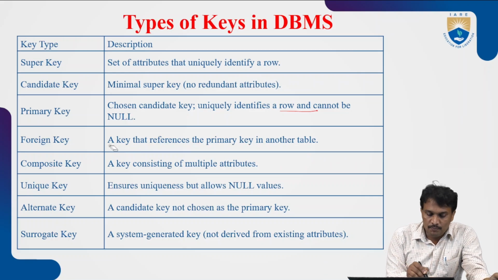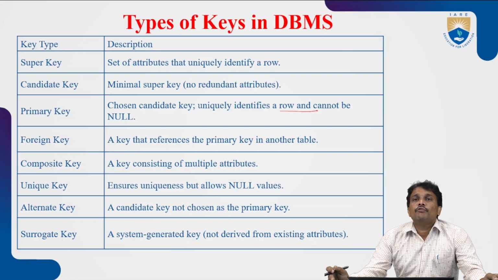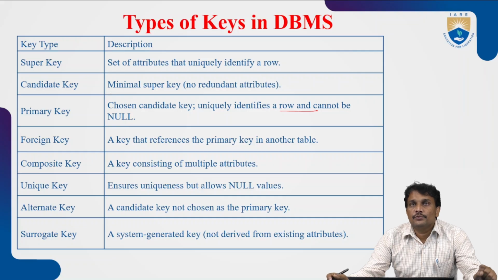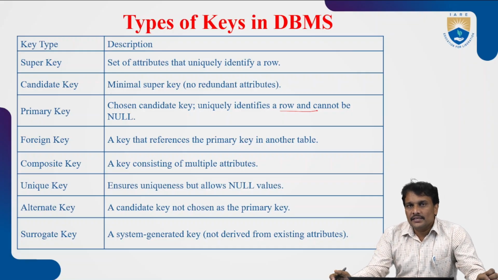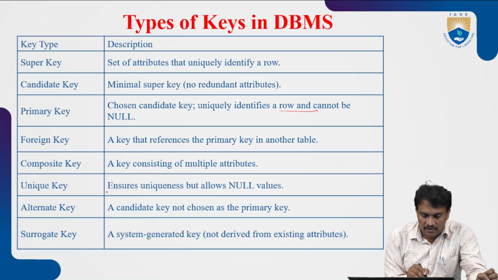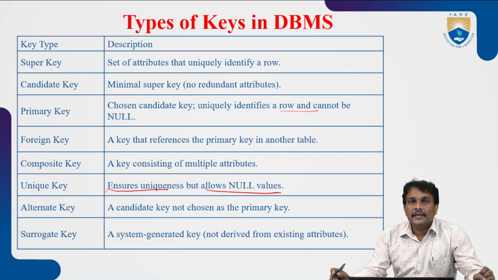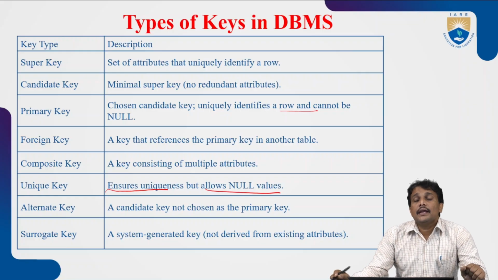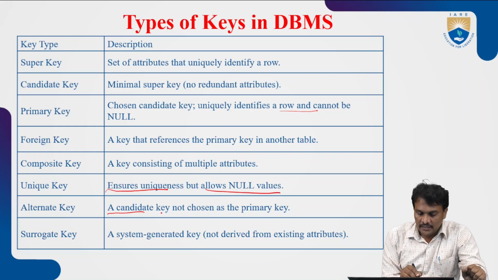Next one, composite key: a key consisting of multiple attributes. Unique key ensures uniqueness but allows null values. Alternate key is a candidate key not chosen as the primary key.